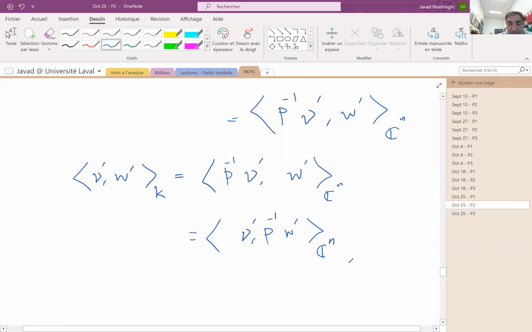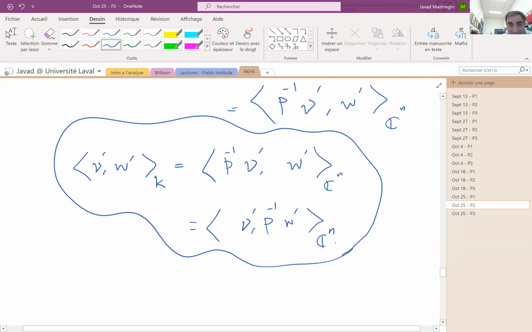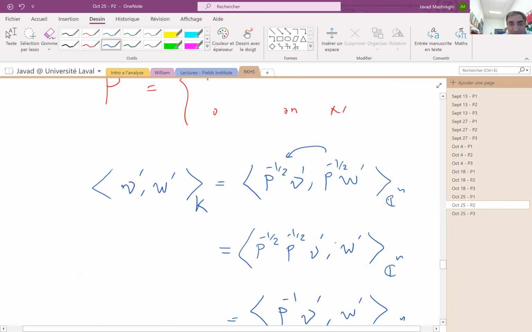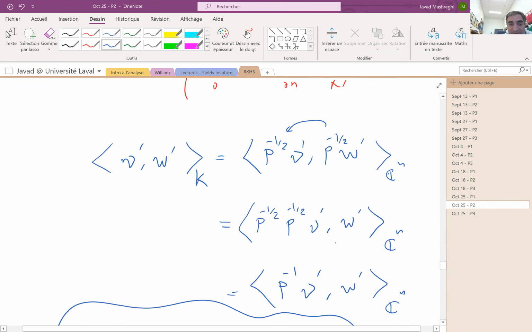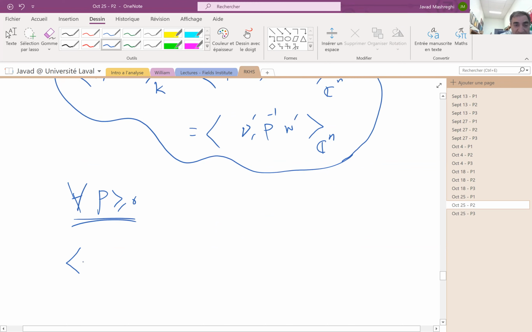That's for the case we saw before. And if P is not invertible, the same formula works, except that instead of P minus 1, you write P dagger, the P that we have here. So for any P positive, invertible or not, the inner product of two elements in H is P dagger V prime W prime, or P dagger comes in like this.